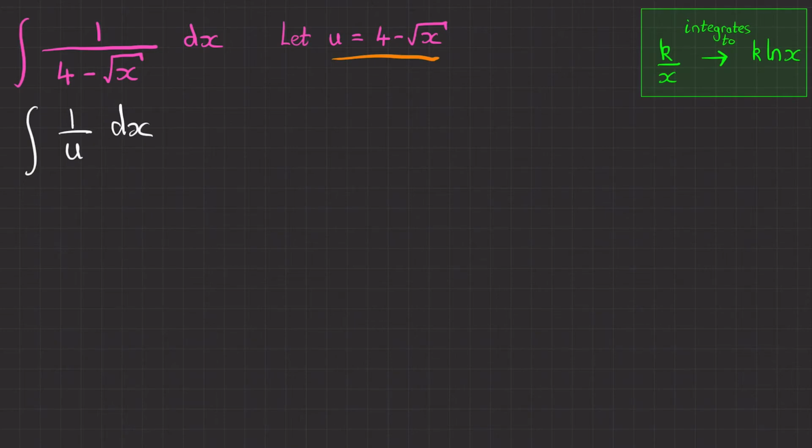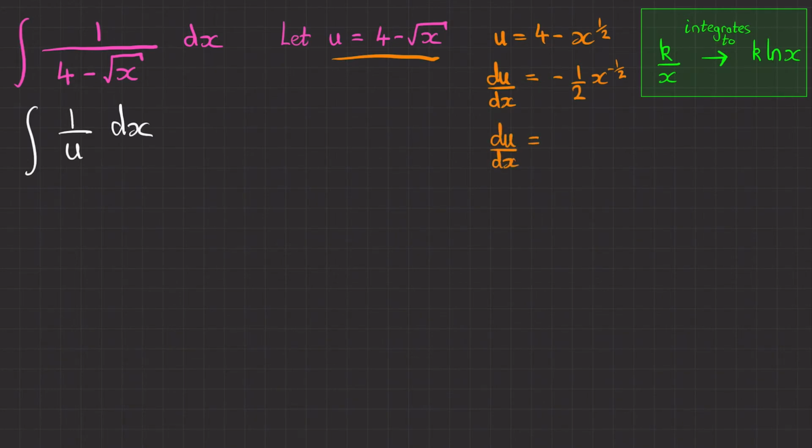So we're going to differentiate this u here. I'm going to rewrite it, so we'll have u equals 4 minus x to the half. Differentiate it, which is du by dx, which equals minus a half x to the minus half. We need to rearrange it now so that dx is on a side on its own. I'll do it one step at a time, but firstly I'm just going to write it in a nicer format.